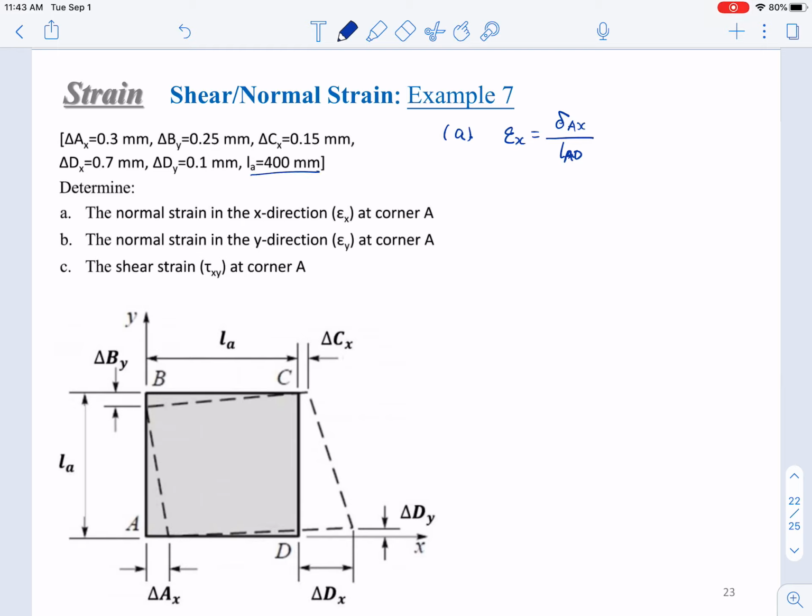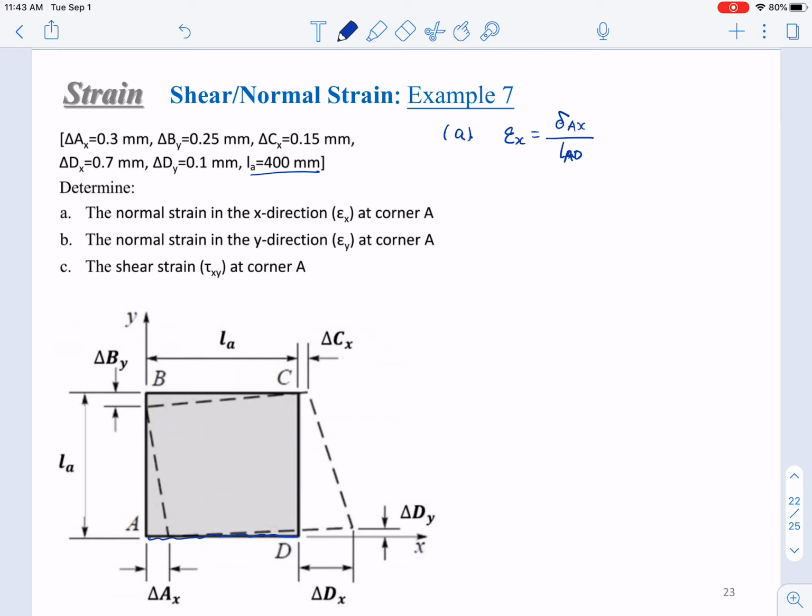Since we already know LAD, we just need to find delta AX, the deformation at point A along X direction. Based on the values that have been given, you can see that the side AD is elongated at the D side by delta DX, but it shrinks at the A side by delta AX.